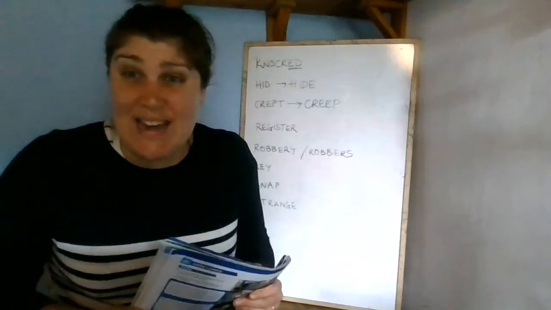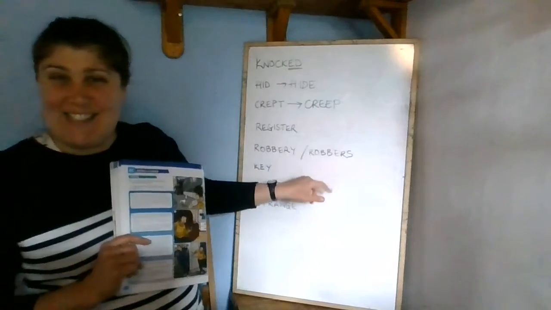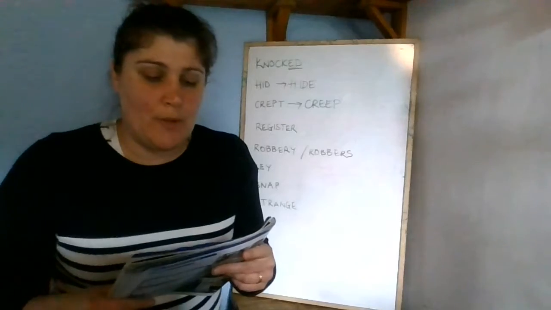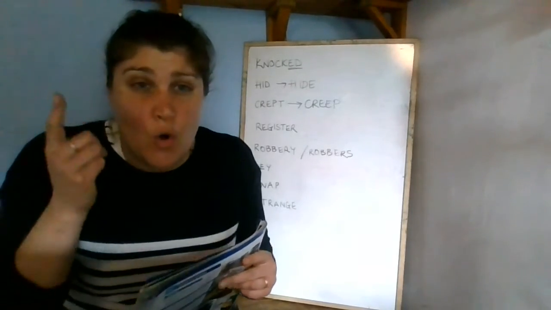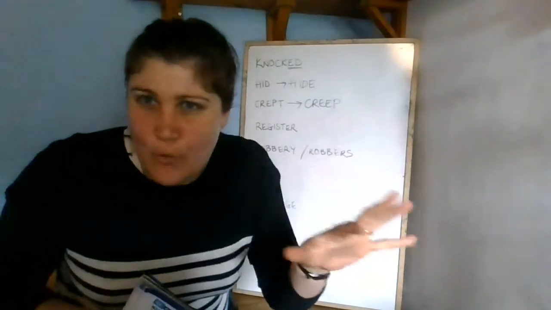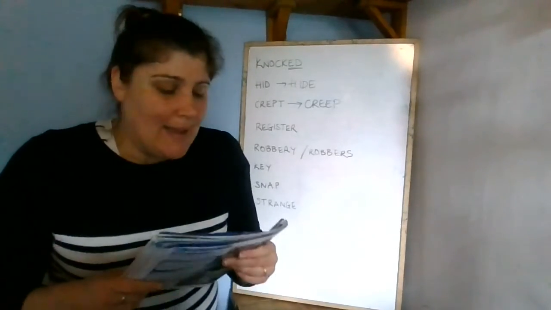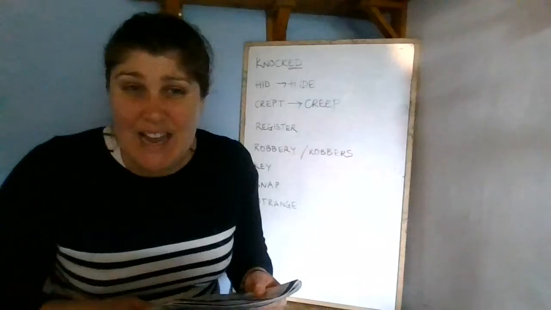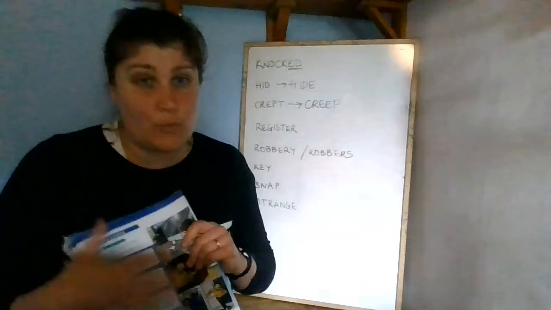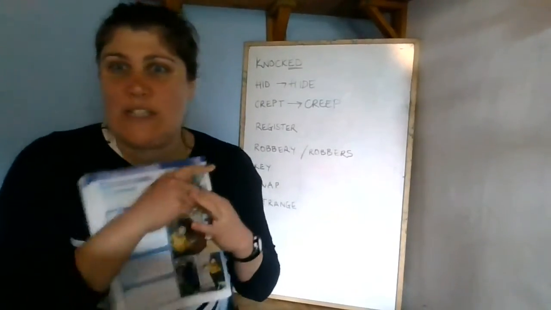He thought the men in his photos were the robbers. Good. Number 8. He didn't open the door because he thought the man was the robber looking for him. Very scary. Number 9. He couldn't phone the police because the phone wasn't working, or the phone didn't work, and the battery in his mobile was dead.